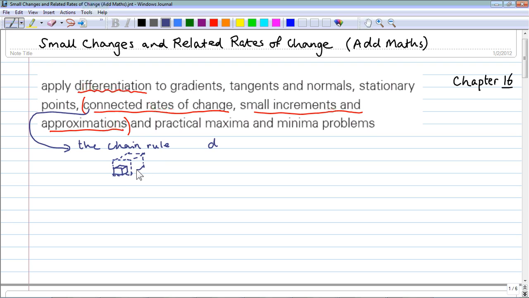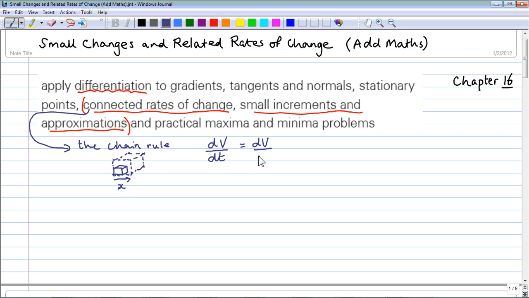It may grow. And that means its volume increases with time. So you might want to know what is the rate of change of volume with respect to time, but you might only know the rate of change of x, where x is the length of one side of the cube.